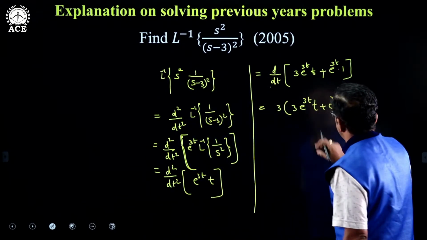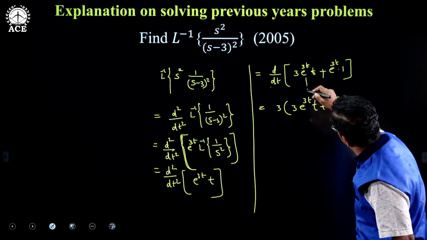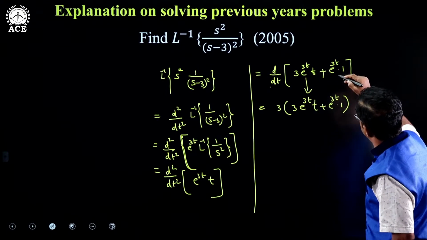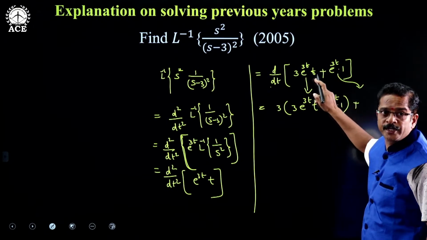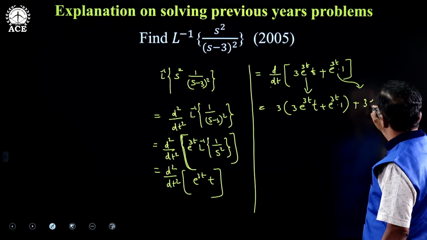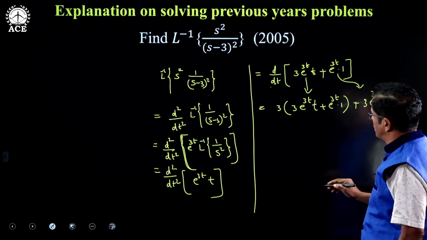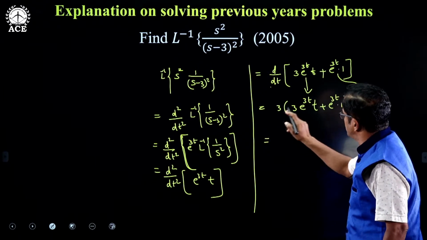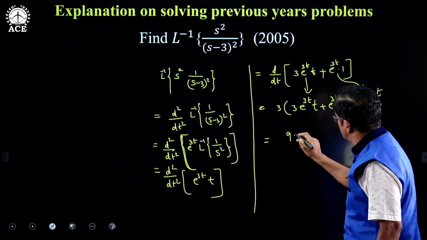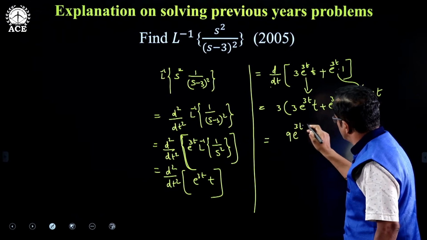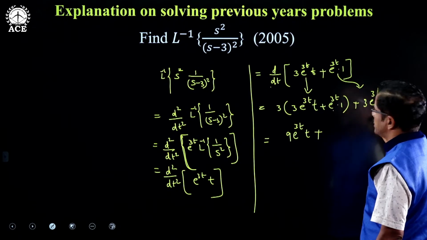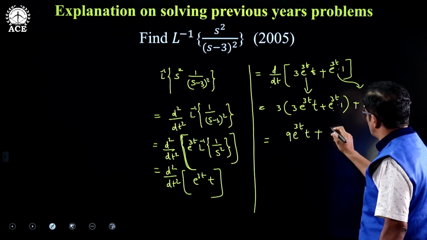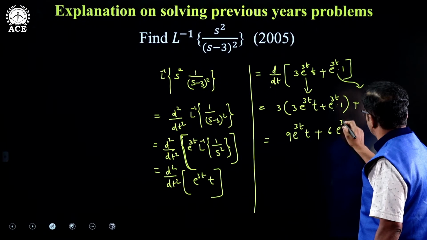Means differentiation of this I have evaluated. Now differentiation of this plus differentiation of e power 3t is 3 e power 3t. So which is equals to 3 into 3, 9 e power 3t into t plus 3 into e power 3t plus 3 into 3 e power 3t, which is going to be 6 into e power 3t.